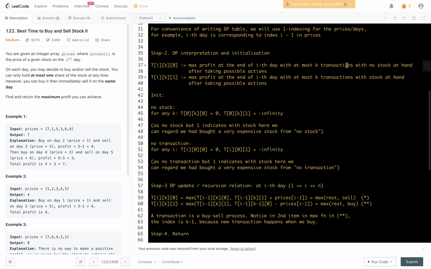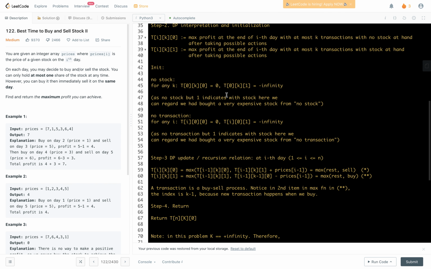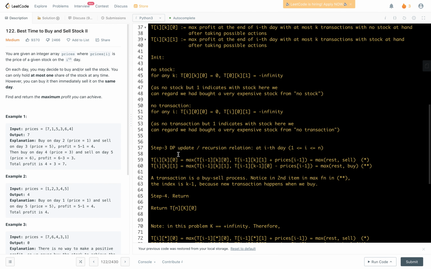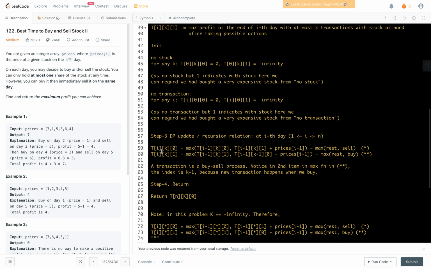So TIK0 means the maximum profit at the end of the SD with at most K transactions and with no stock at hand after taking possible actions like do nothing, sell, or buy. And TIK1 means the maximal profit at the end of the SD with at most K transactions with stock at hand after taking possible actions.